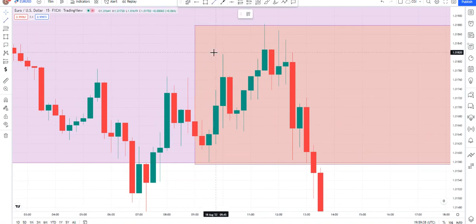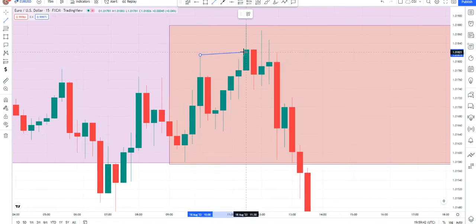There was an inducement, a BMS, let's say BMS, an inducement. This place formed a higher high, and then there's this area, a major liquidity for this short uptrend.